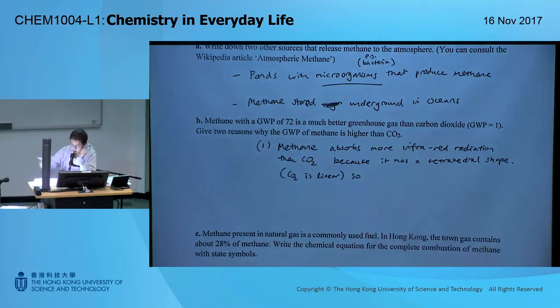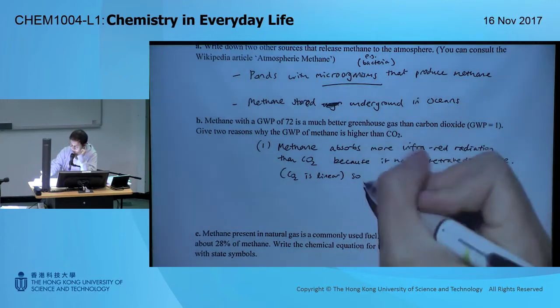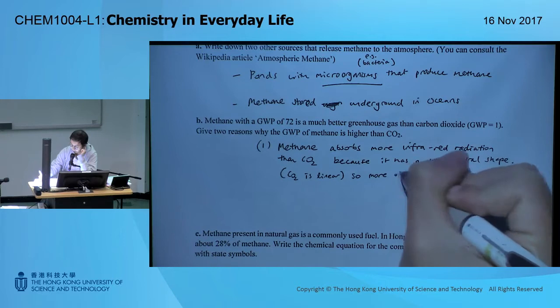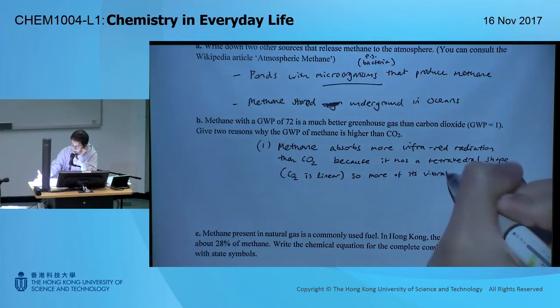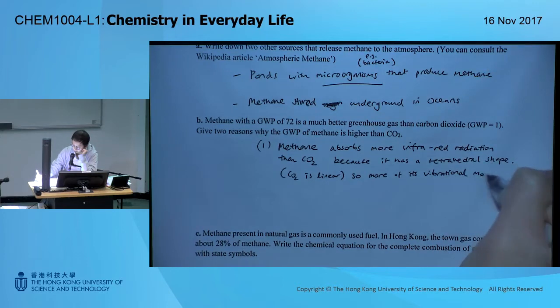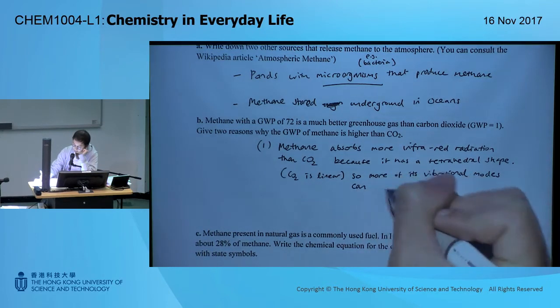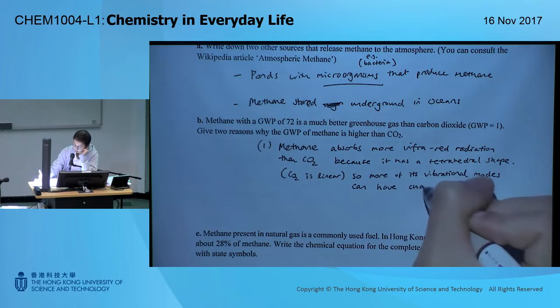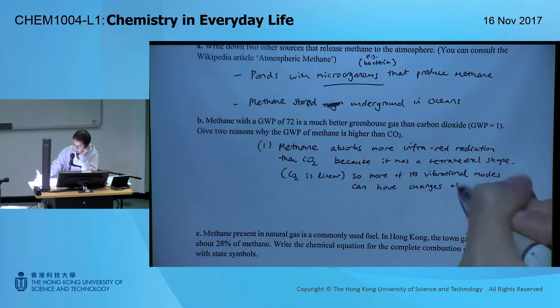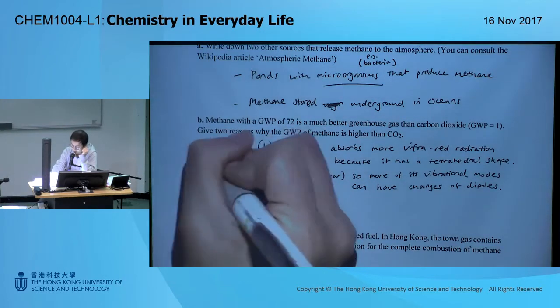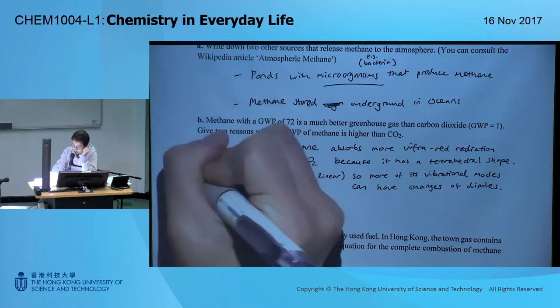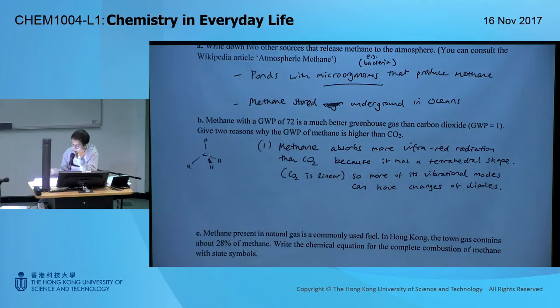So there are more of these vibrational modes that can lead to a change of dipole moments or change of charge distribution. So because it is tetrahedral compared to linear, there are more manners in which it can vibrate to lead to absorption of IR.